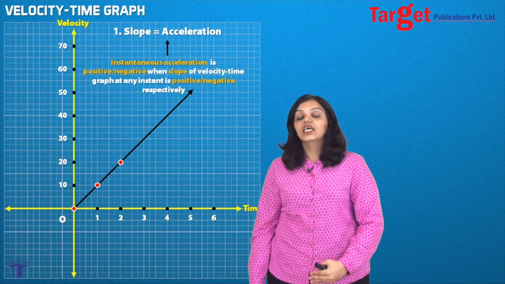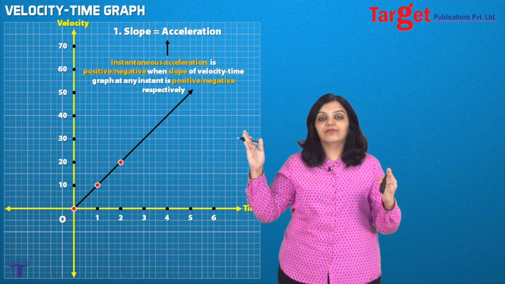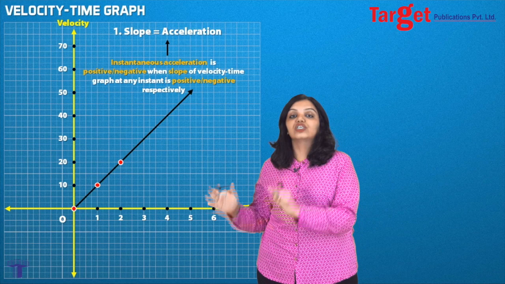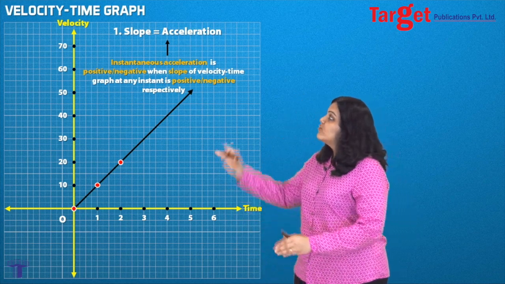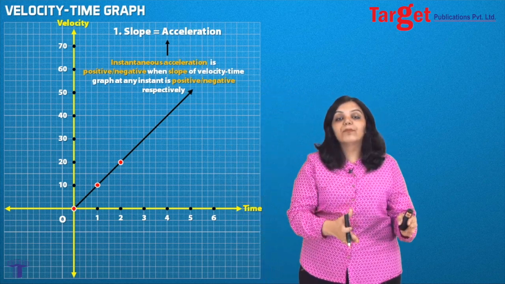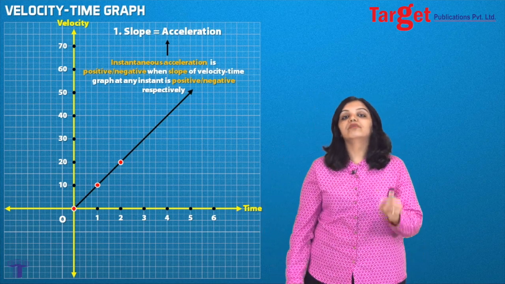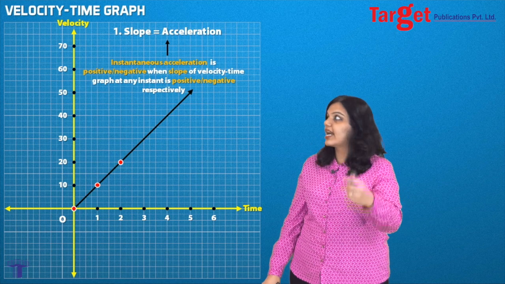As opposed to that, if you find the slope between two different points on a velocity time graph, what you are finding is the average acceleration. So remember, for a velocity time graph, the slope is the acceleration, and if you find the slope at a single point, that means you are talking about instantaneous acceleration.